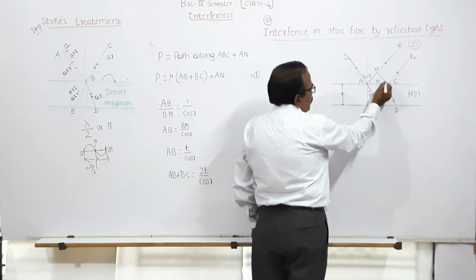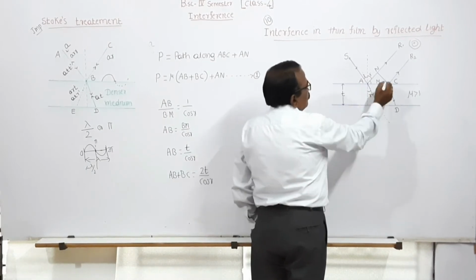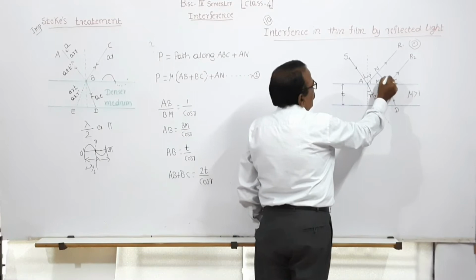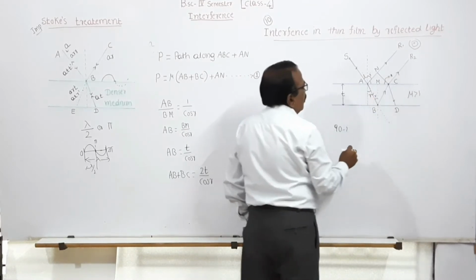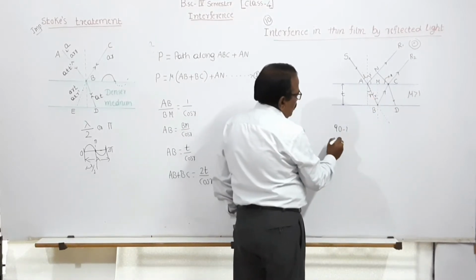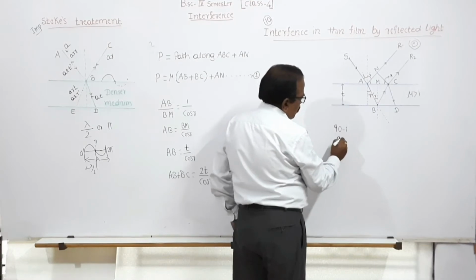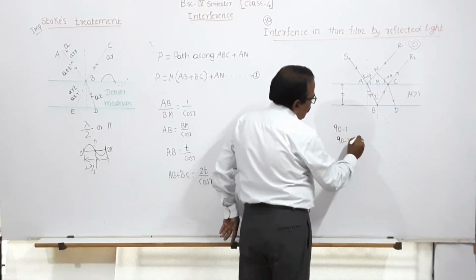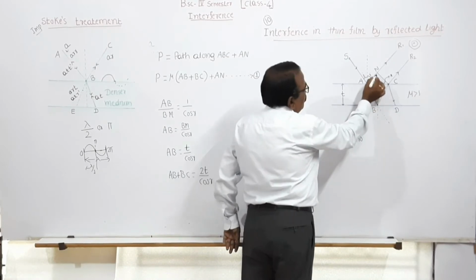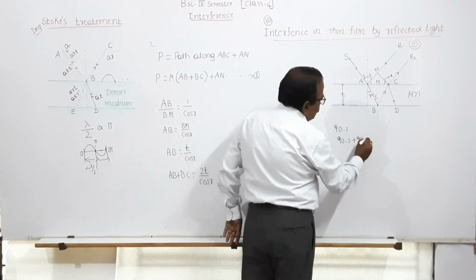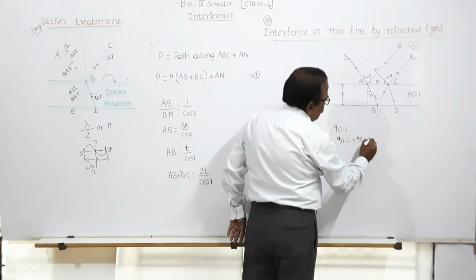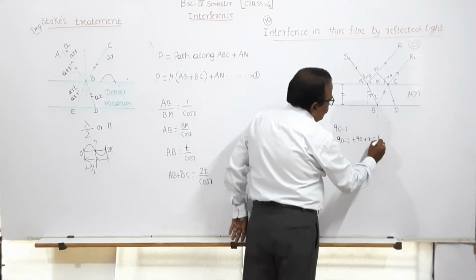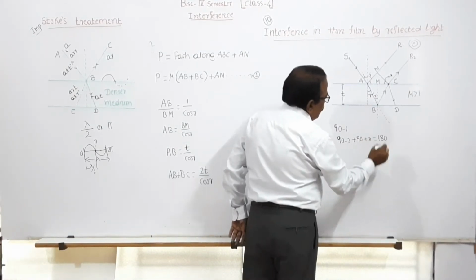Assume that this angle is x. So 90 minus I plus 90 plus x is equal to 180.